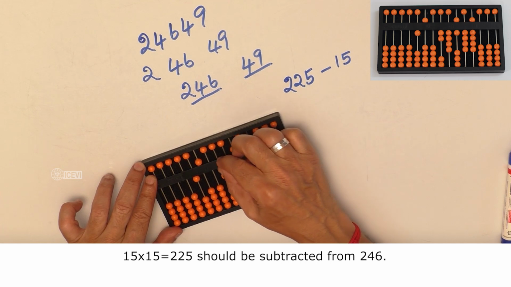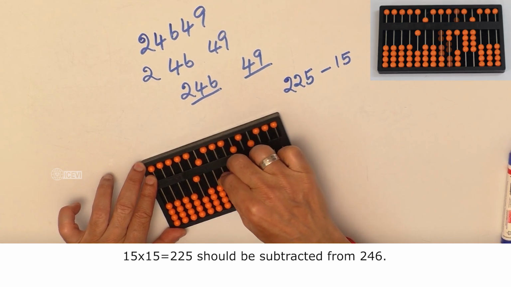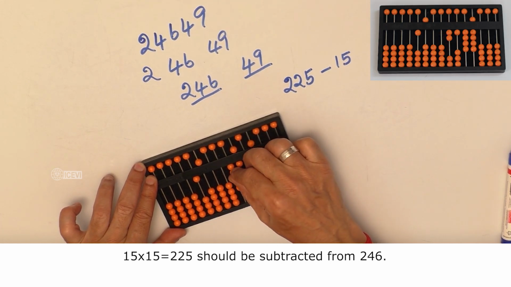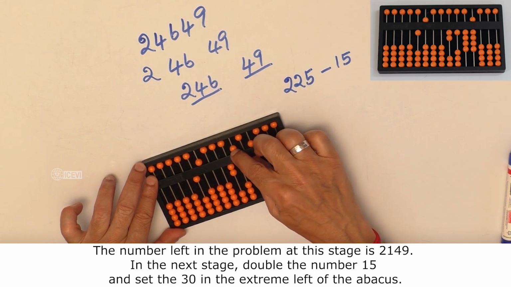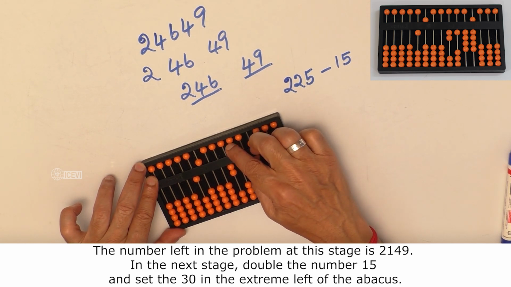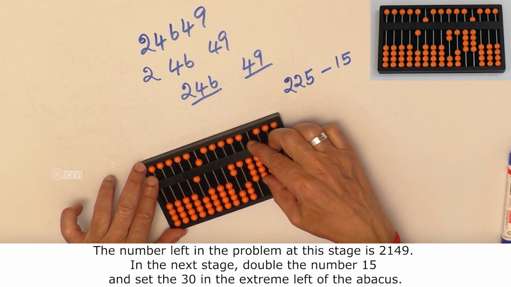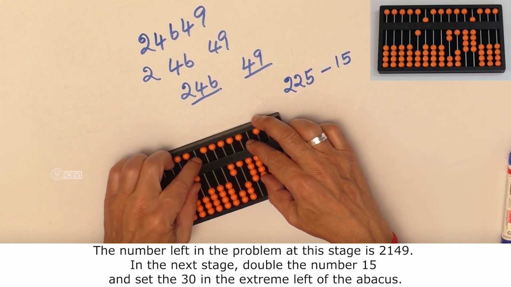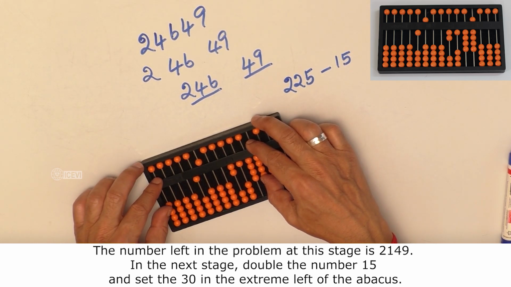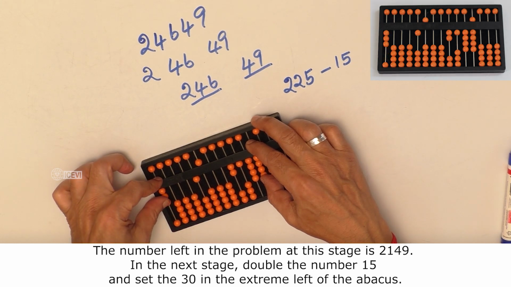That should be subtracted from 246, and which gives the remaining value as 2149. In the next stage, double the number 15 and set 30 in the extreme left of the abacus.